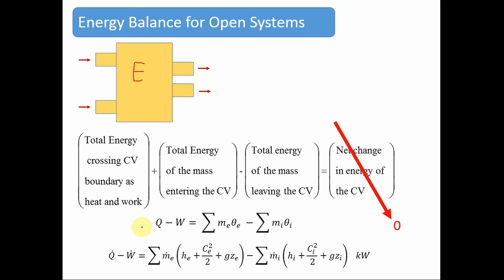Therefore, you differentiate all with respect to time. Then you get the rate of heat transfer and rate of work transfer, which is equal to the rate of mass transfer at the exit and the rate of mass transfer at the inlet. And this is the flow energy, the total energy of a flowing fluid.